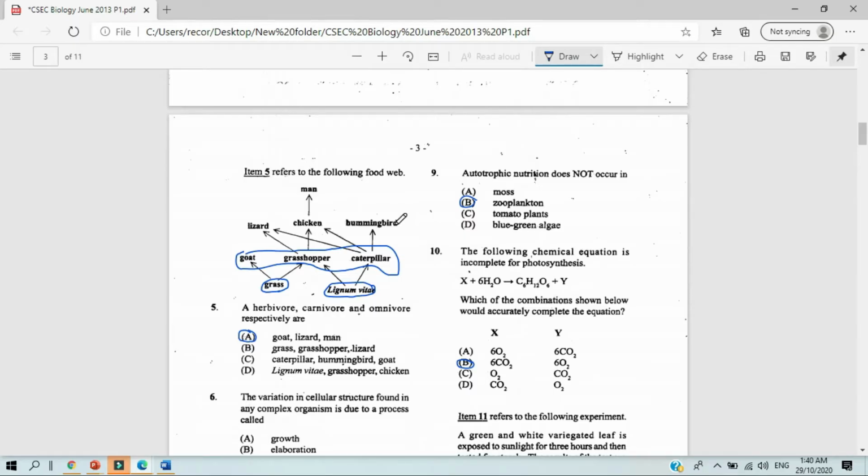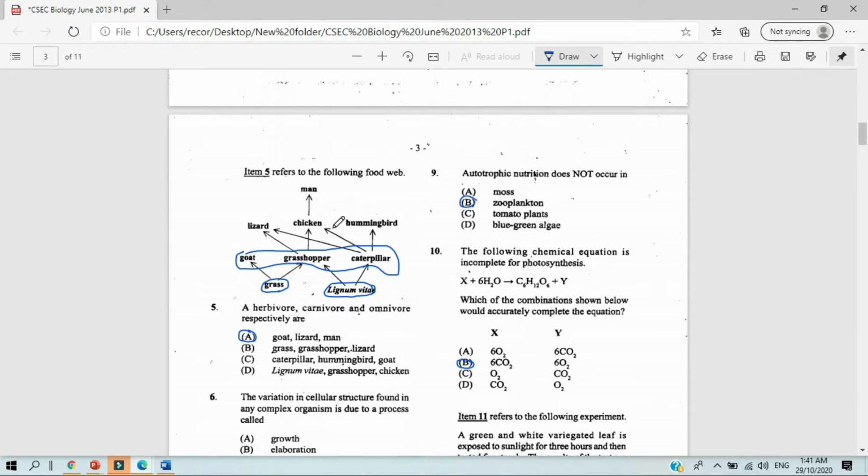And then we want to look at our omnivore. Oh wow, omnivore. The thing about this food web, I would say we would have been expecting an arrow to come from a plant and an animal to the omnivore. We are not having that. We have a grasshopper, goat, caterpillar here.